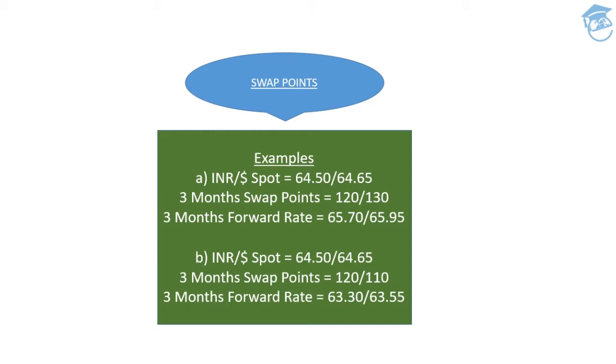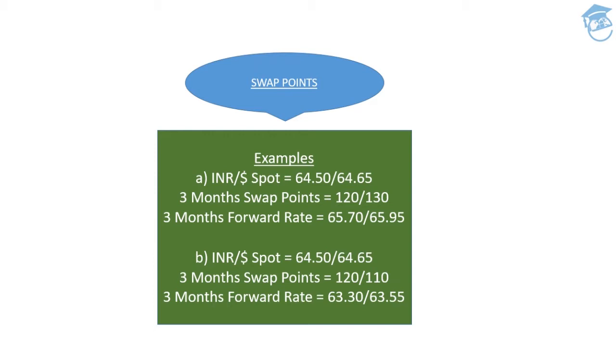You need to add if it is increasing, that is the ask is greater than the bid point. But if the ask points are less than the bid points, then you need to decrease the same from the spot rates.